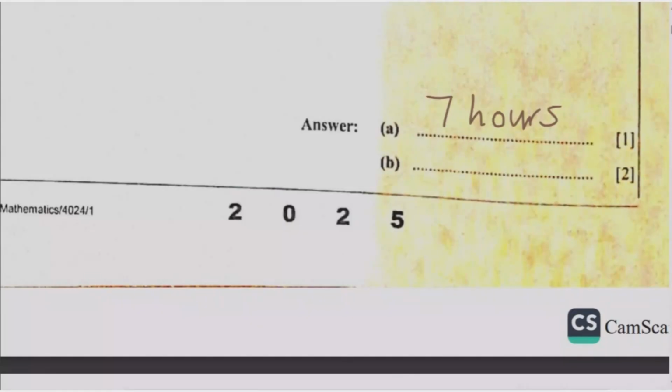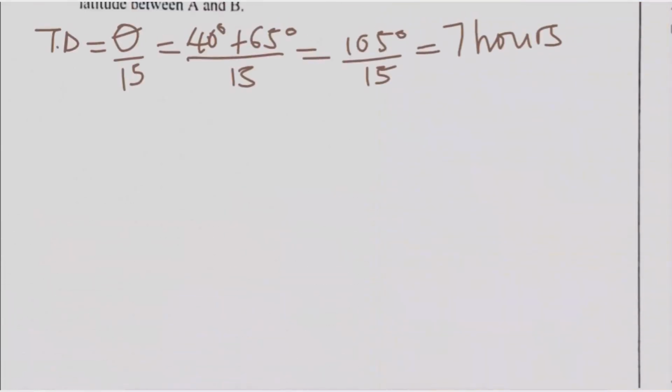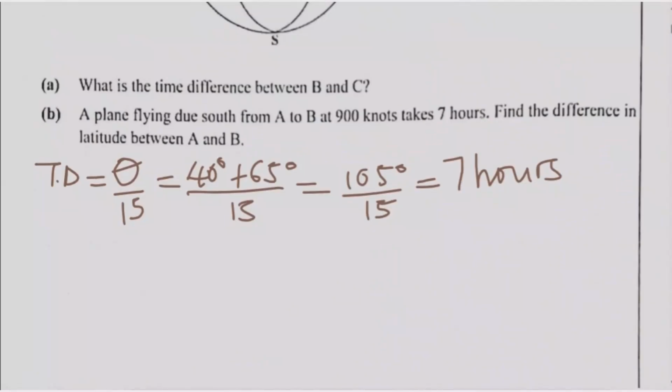Let's go to question B, which is: a plane flying due south from A to B at 900 knots takes 7 hours.